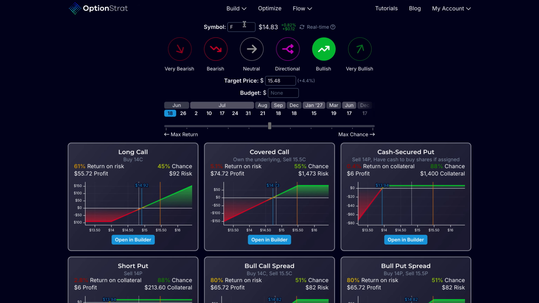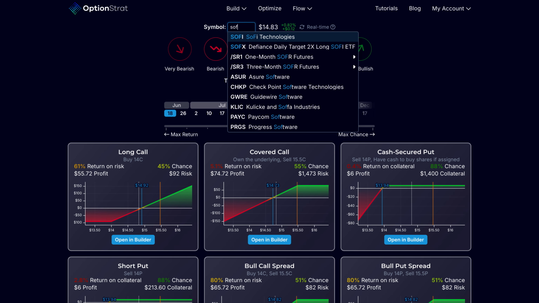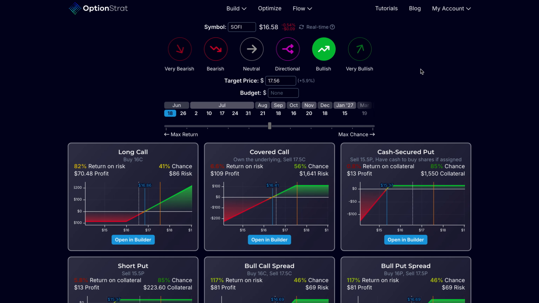So first of all, we're going to have to enter a symbol here. So this is going to be the ticker symbol of the security that you are looking to trade. So for today's video, I'm going to use ticker symbol SOFI, SoFi Technologies. And again, this is just an example to show you guys how to use this tool.